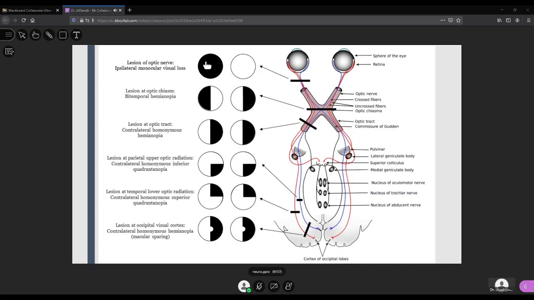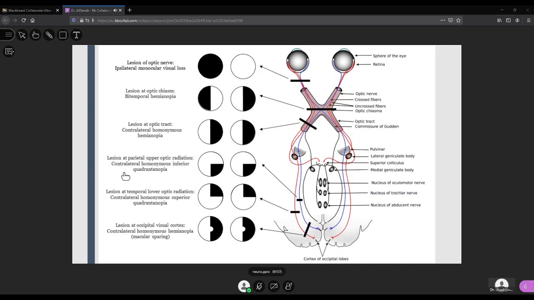Left optic nerve damage. This is the chiasm, which will give us hemianopia. This is the optic tract. Optic tracts will give us the contralateral homonymous hemianopia. This will give us from the parietal. As we say, the parietal is inferior. However, temporal is superior.